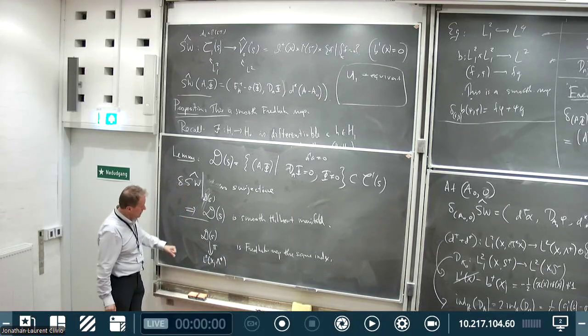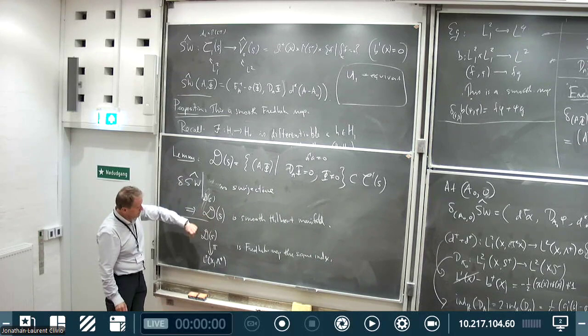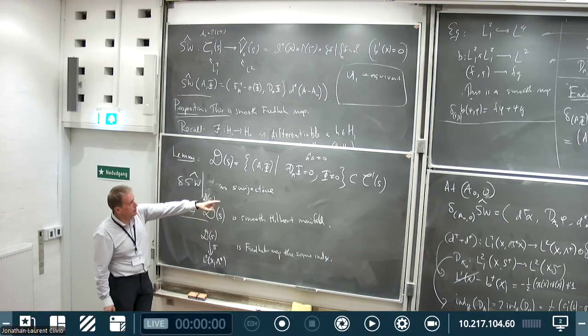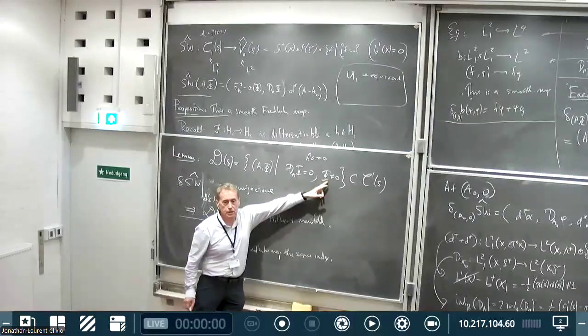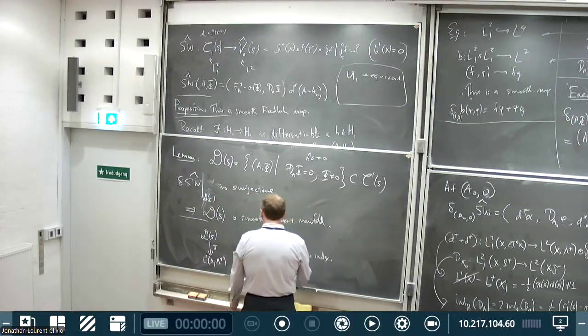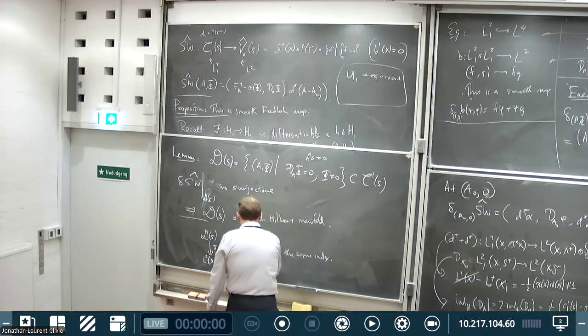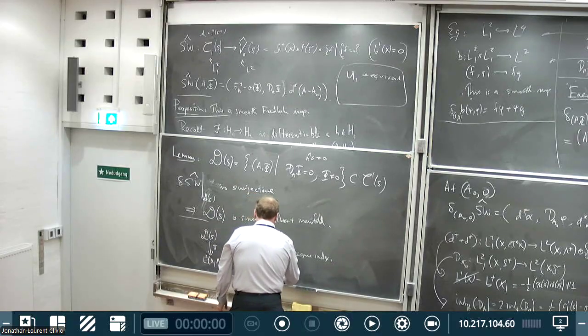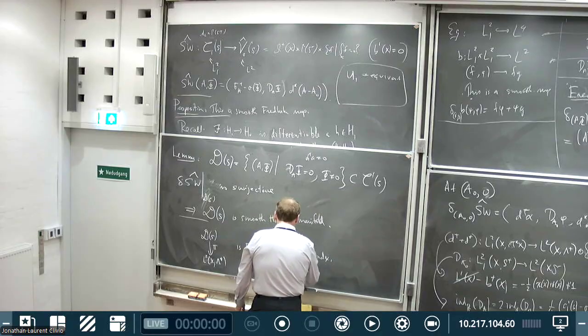Well, now we're in an excellent situation if we're studying this, because two nice things have happened. This thing is smooth, and I've arranged the action to be free. It's a Fredholm map, and we want regular values of it.